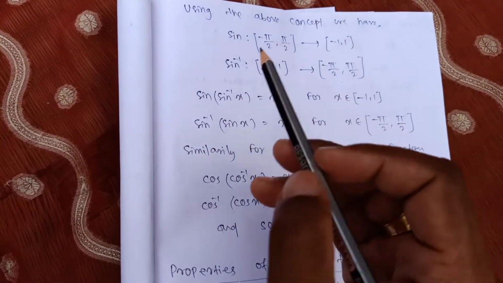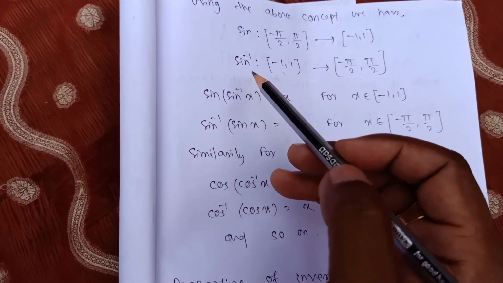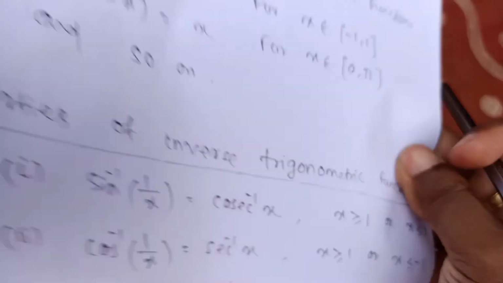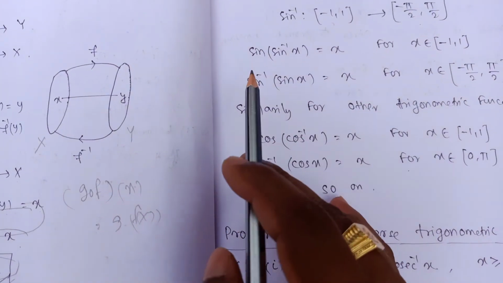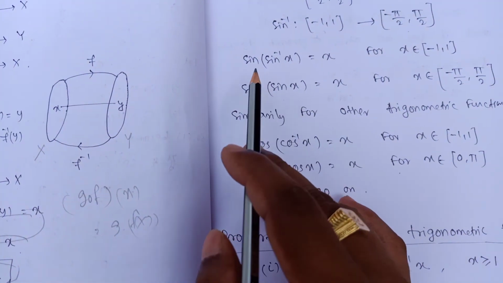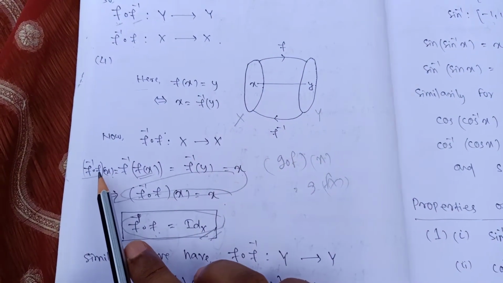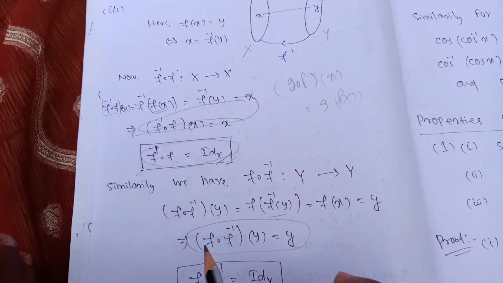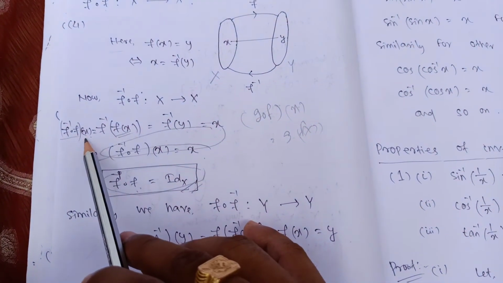Then we have two functions here, one is sine, another is sine inverse. So we have two types of composition here: sine composition sine inverse, and sine inverse composition sine. Remember the concept here. This is f composition f inverse, and this is f inverse composition f.